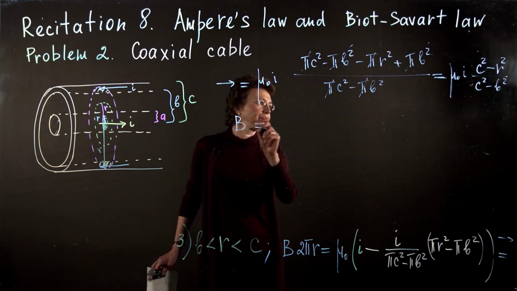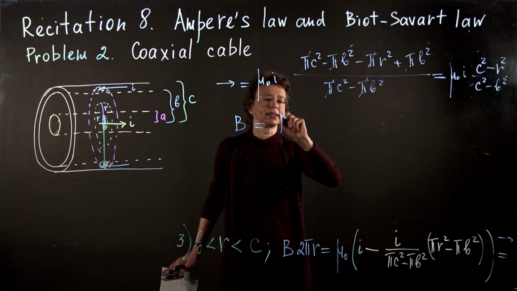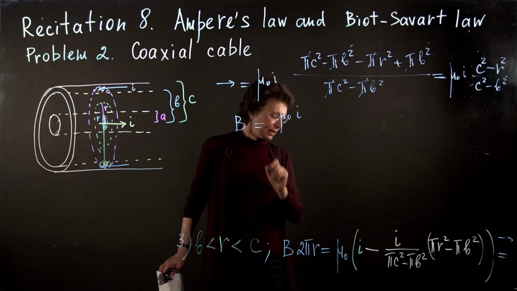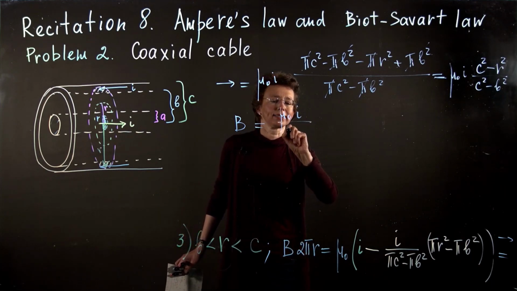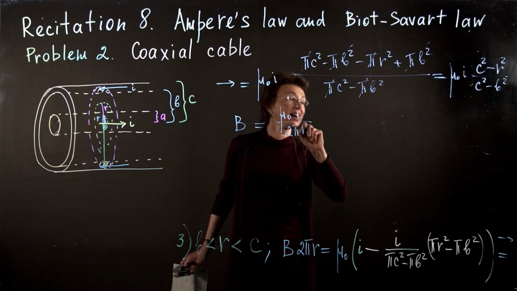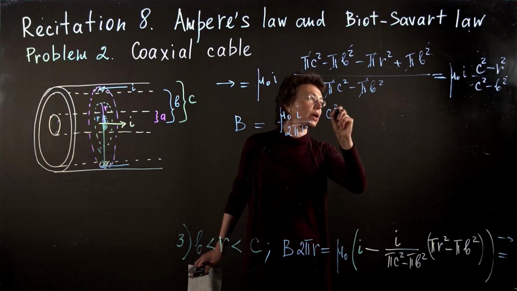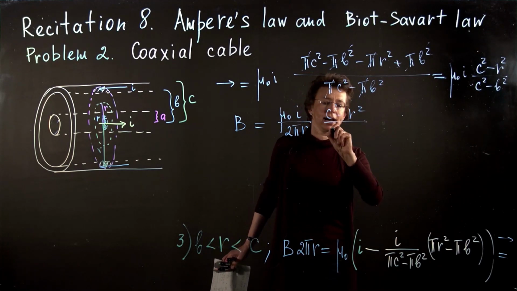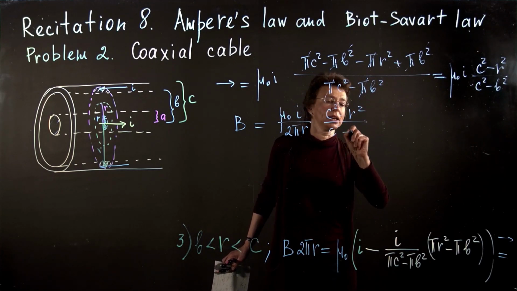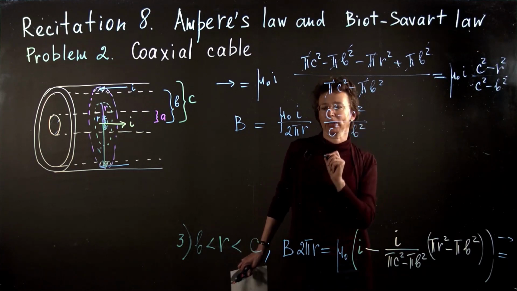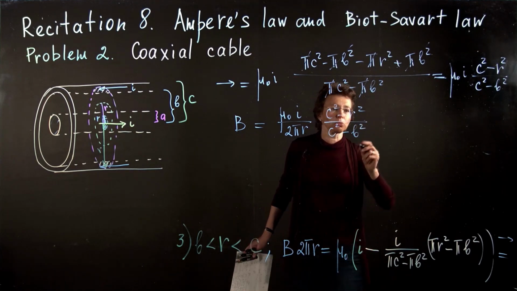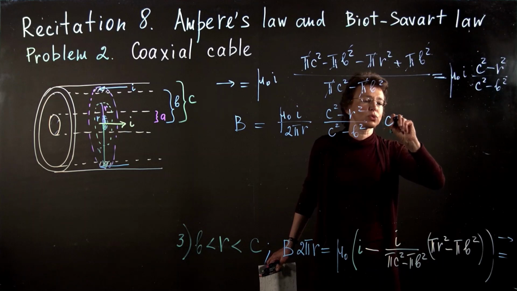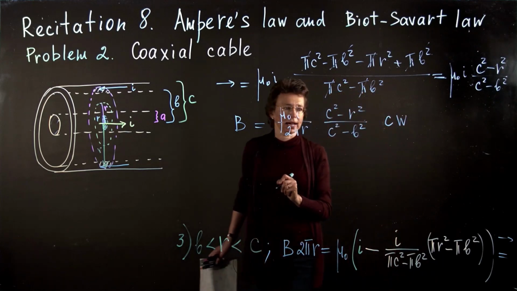It will be mu naught I divided by 2 pi r, and then c squared minus r squared divided by c squared minus b squared. The direction will be clockwise, as we just discussed.